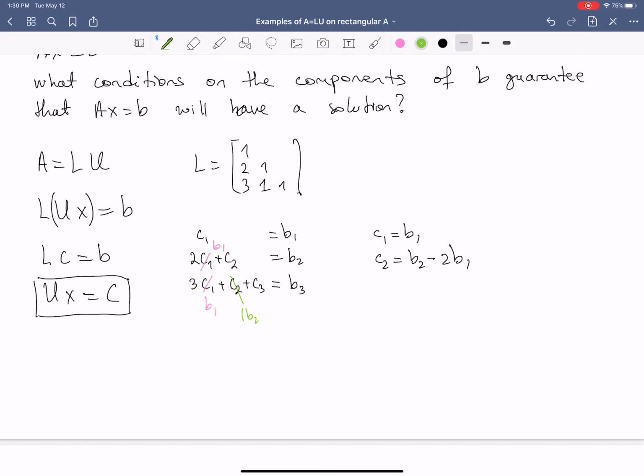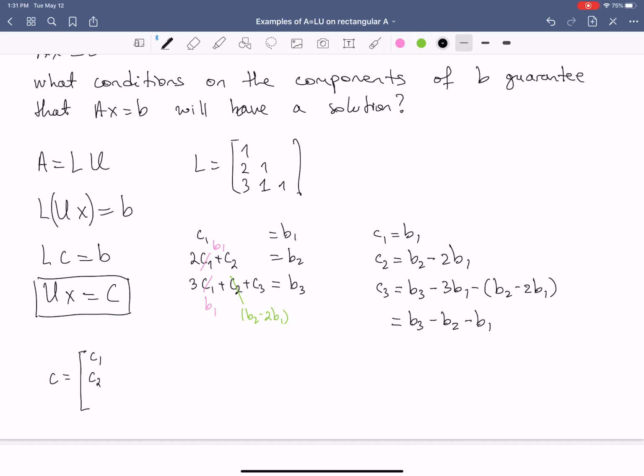And then from the third equation, I get C3 equals B3 minus 3B1 minus, in brackets, B2 minus 2B1. And if I simplify that a little bit, grouping B1 with B1, I get B3 minus B2 and then minus B1.